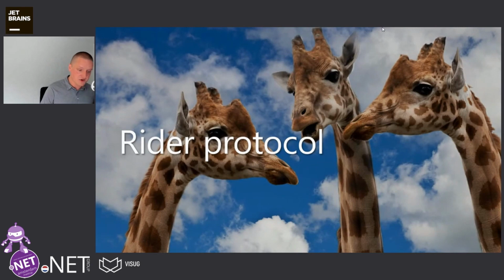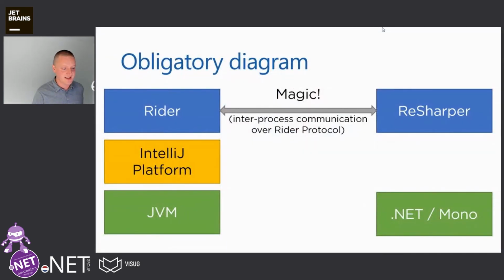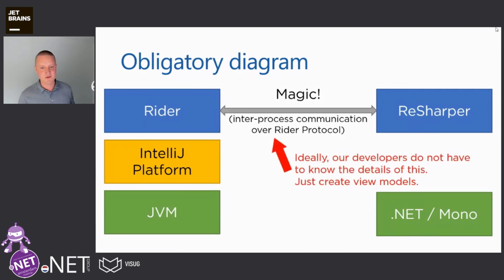Right, let's talk about the actual protocol. The protocol itself would be something that communicates between the IntelliJ platform and ReSharper, and we decided that our diagram or our architecture would pretty much have to be something like this, where all of that communication would be magic. Ideally, none of our developers would have to know the details of the fact that there's this protocol in between.